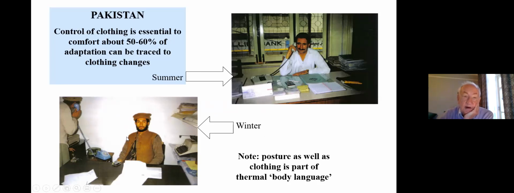In the winter, they're wearing more clothes, thicker clothes, and wearing hats and so on to keep themselves warm, so that they overcame the temperature. They could be comfortable at a wide range of temperatures. And I noticed that the posture is different. It's a much more open posture in the summer than in the winter.